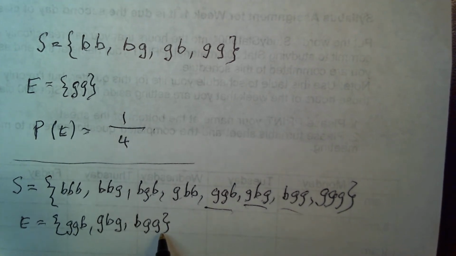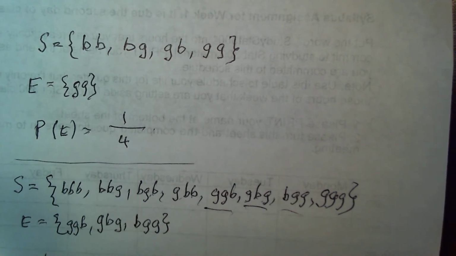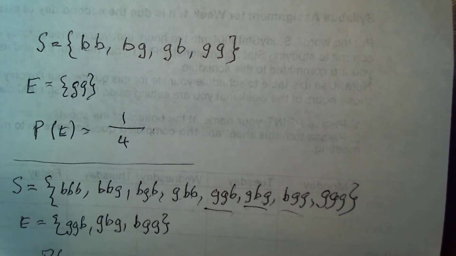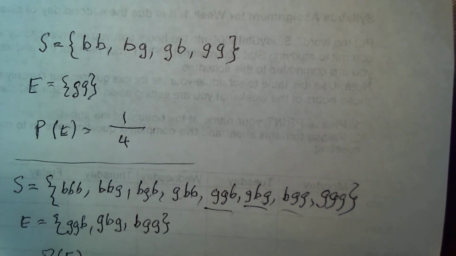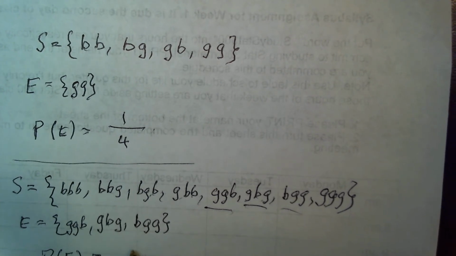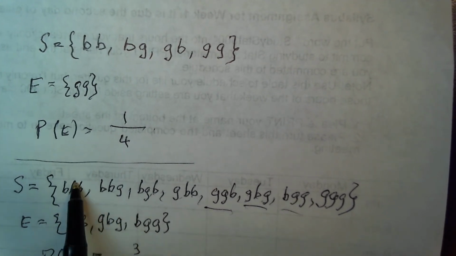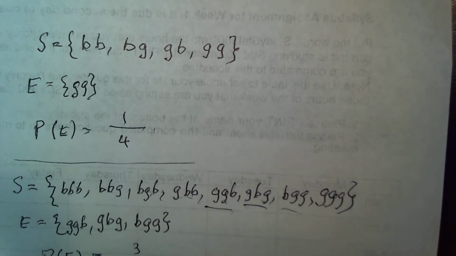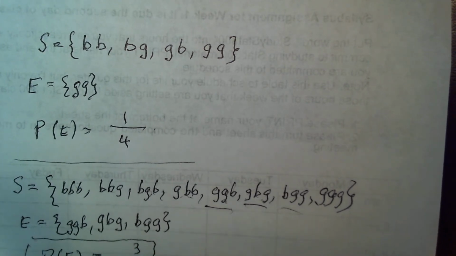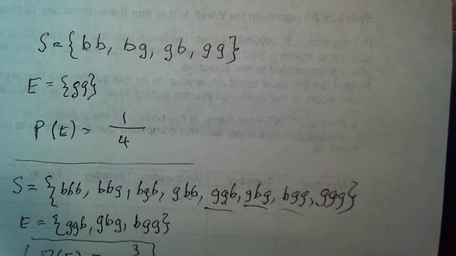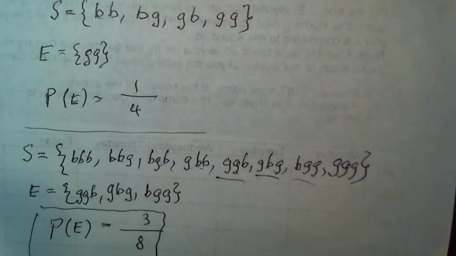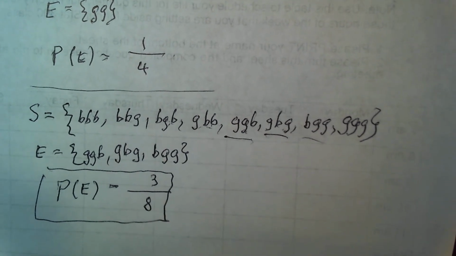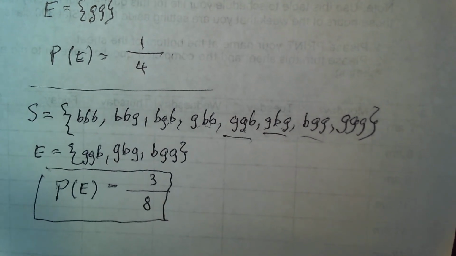So then the probability of that event, exactly 2 girls, would be 1, 2, 3 divided by 1, 2, 3, 4, 5, 6, 7, 8, or 3/8. So here we're dealing with theoretical probabilities because we're making the assumption that boys and girls are equally likely to be born.